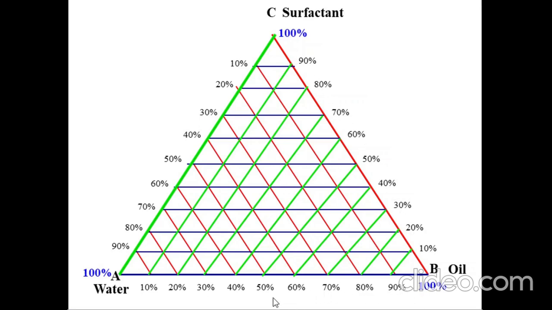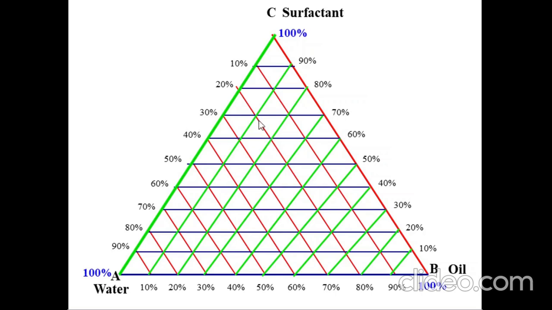This is the percentage marking for oil and this is the percentage marking for water. So considering this, now the blue line is at 60%. That means 60% of the solution is now surfactant. In 100 ml, 60 ml is surfactant.